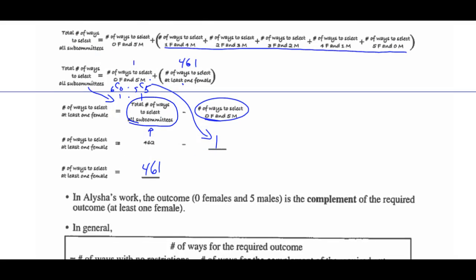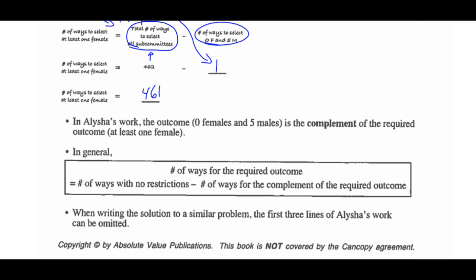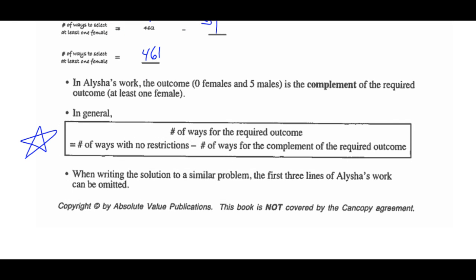So in Alicia's work, the outcome is the complement of the required situation that was asked for. So in general, put a big star beside this, the number of ways for the required outcome is going to equal the number of ways with no restrictions, subtract the number of ways for the complement of the required outcome.